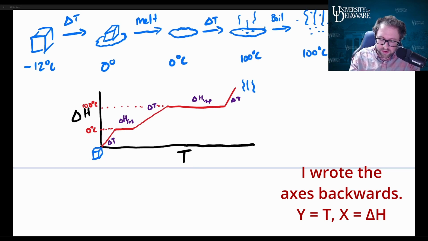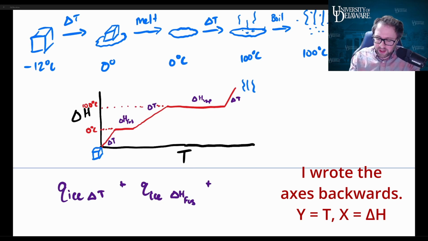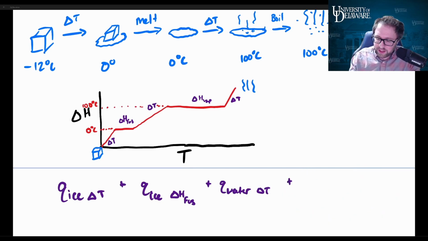All right, so we just need to find the Q. Let's go with purple. We have the Q of our ice undergoing a delta T. We have the Q of our ice undergoing a phase change, melting. Now it becomes water, so we have the Q of water undergoing a delta T. We have the water boiling to become a gas.